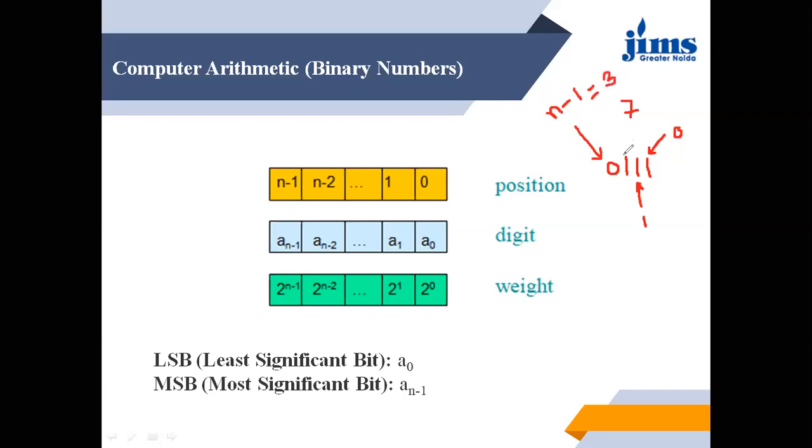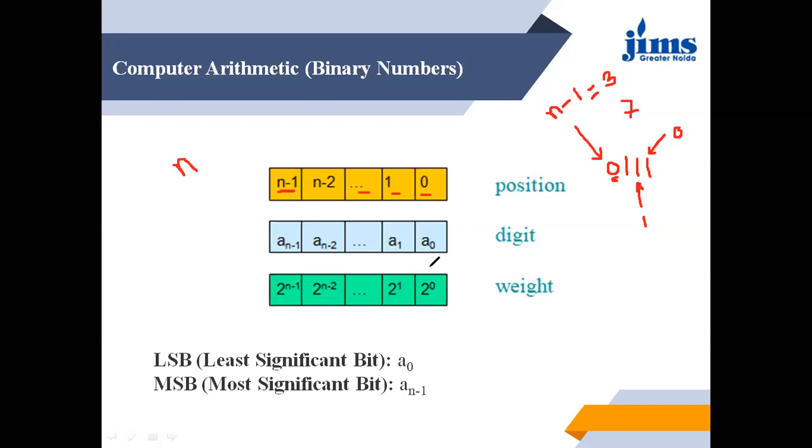It means the last bit is represented by n minus 1, that is 3 in this case. So in the general form, if we have an n-bit number, then that number can be represented by positions 0, 1, 2 till n minus 1. So this was about the bit position of a number.